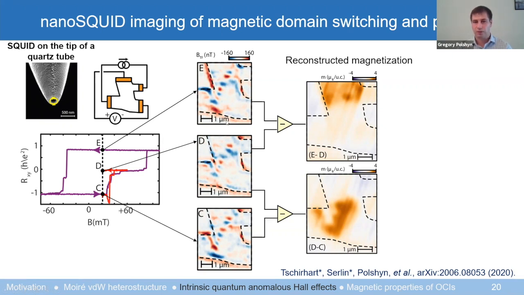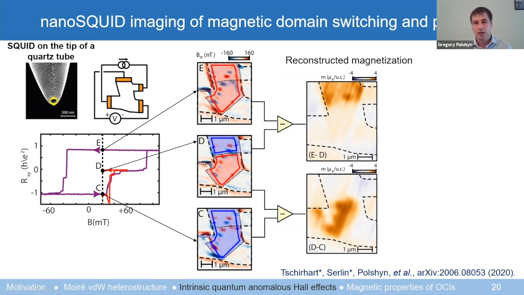So now we can go back and sketch out what the domain configuration was in these 2 cases. In states E and C, there is one major domain which occupies the entire central part of the device. In these 2 cases, the chirality of each state is different.